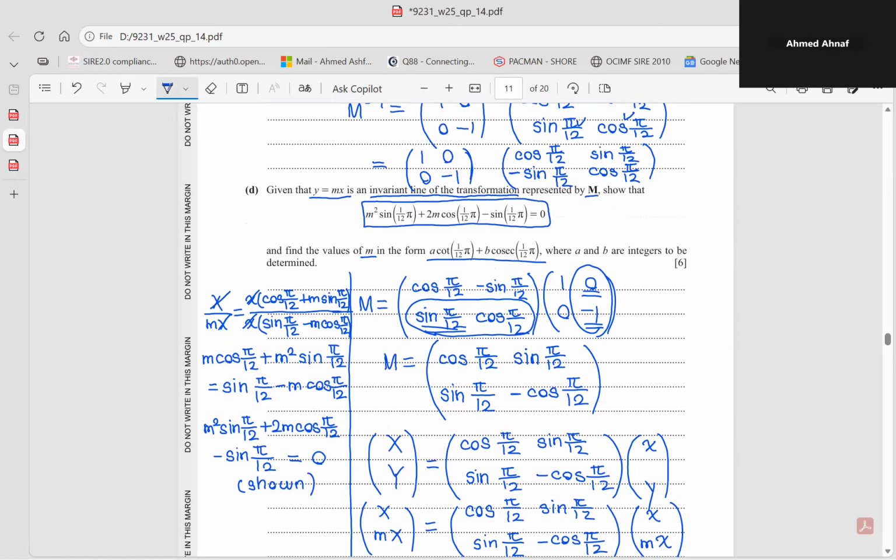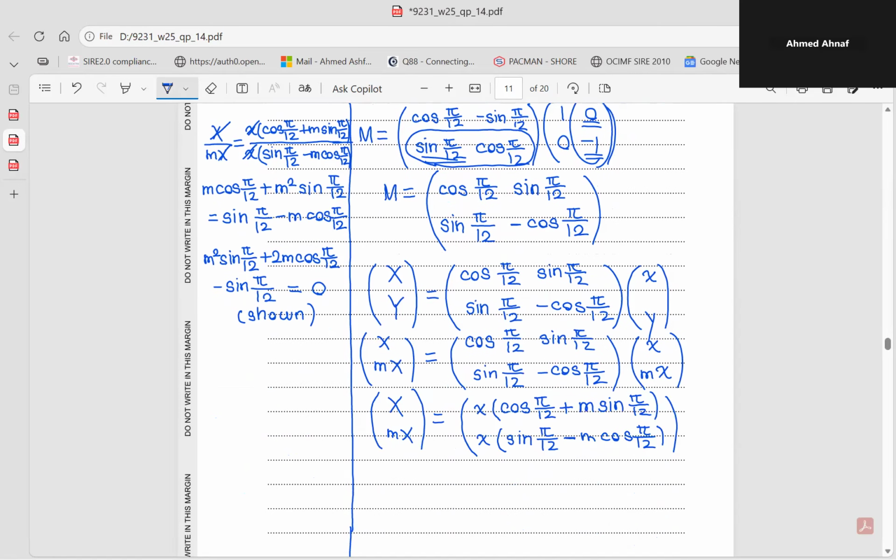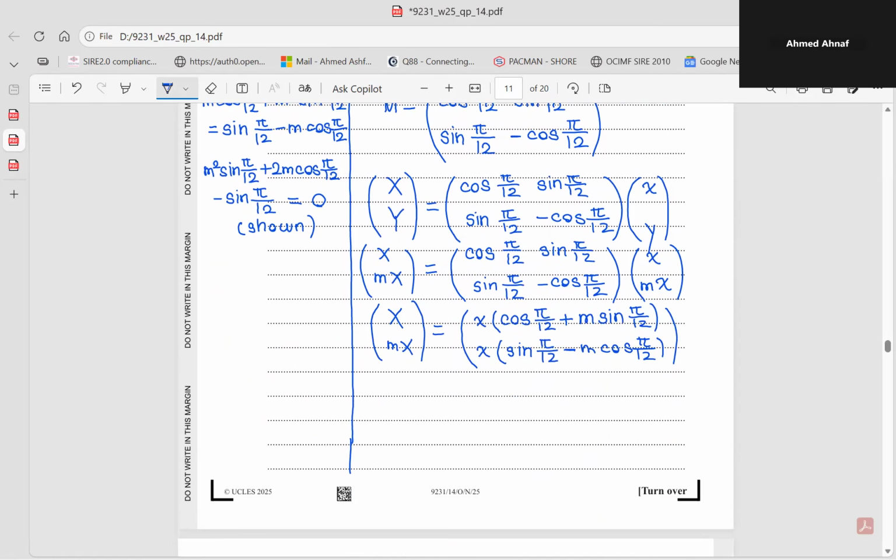Unfortunately, this is not the final part. We also have to find the values of m, essentially solve the equation. So to solve the equation, we're going to use the quadratic formula: minus b plus or minus the square root of b squared minus 4ac, over 2a.